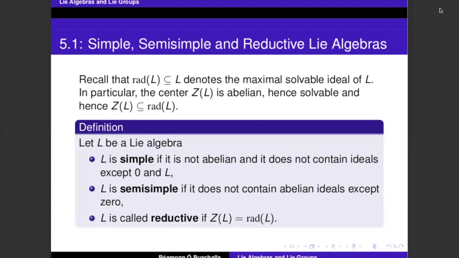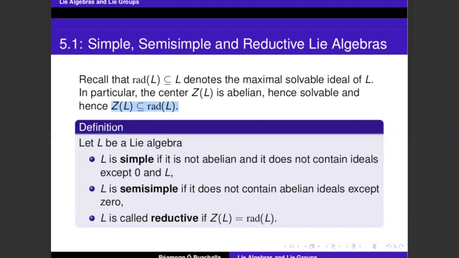And by construction, you can see that it's maximum. The center, the set of elements whose Lie bracket with any other element is 0, is an ideal, clearly, and moreover, it's solvable because if you take the derived series, the first term is of course going to be 0 because Z is abelian. Hence it's solvable, and hence it's contained inside the radical.